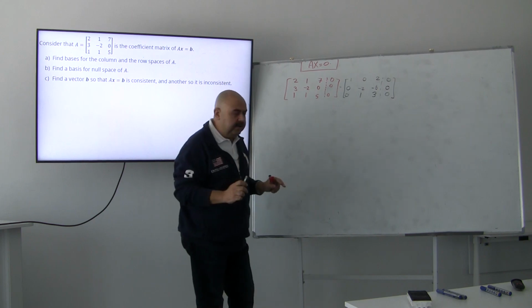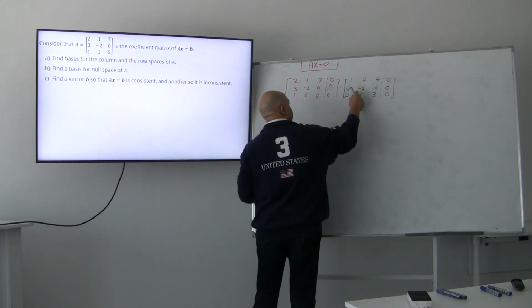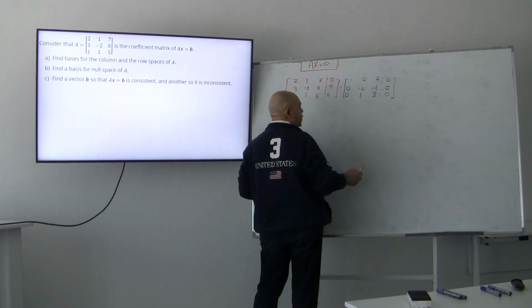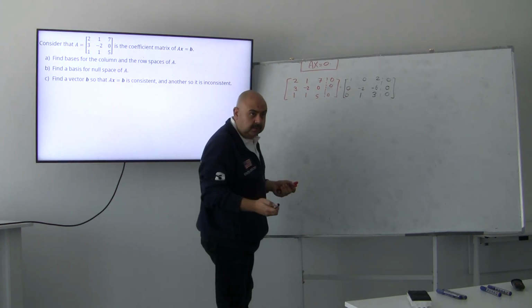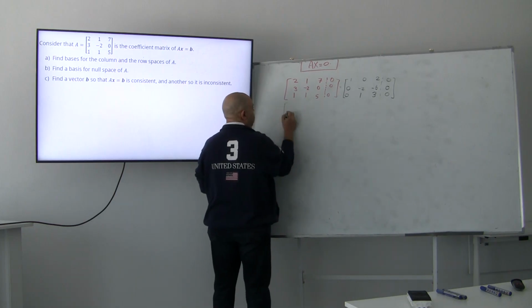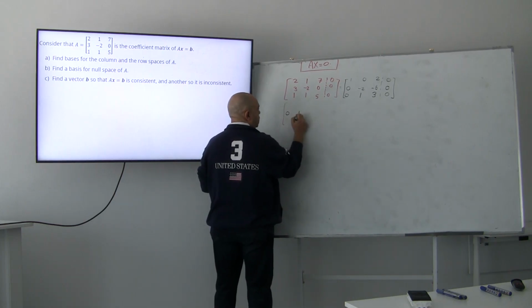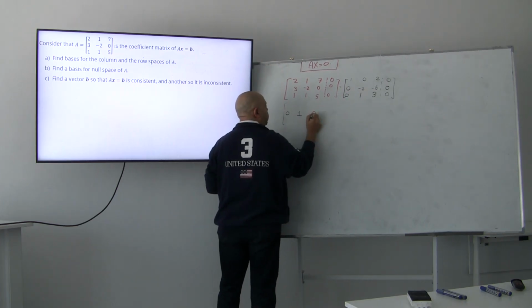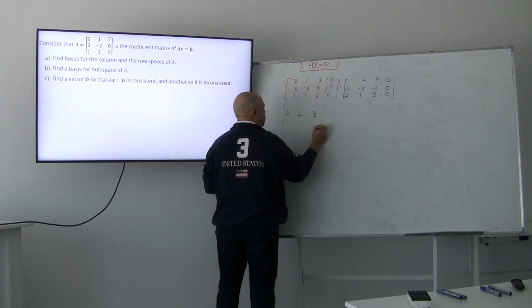In a similar manner, I will need this value to be positive 1. I can do this by dividing the whole second row by negative 2, so we will have 0, 1, and then negative 6 divided by negative 2, which is 3.